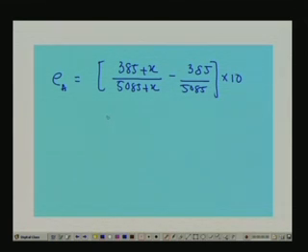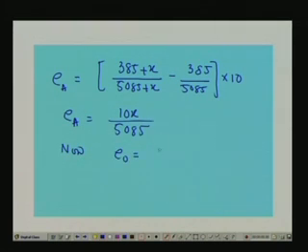X is the change in the resistance of the RTD, and as X is very small compared to 5085, we can write approximately EA equal to 10X upon 5085. Now, what will be the gain of the instrumentation amplifier? The output of the instrumentation amplifier we can write as EO equal to K into EA, where K is the gain of the instrumentation amplifier.